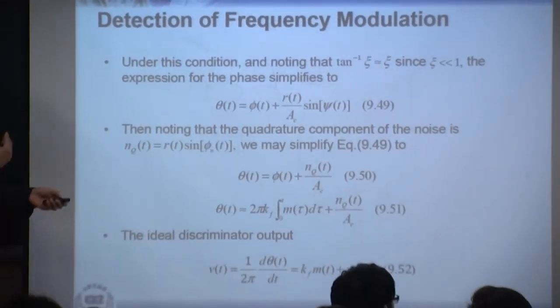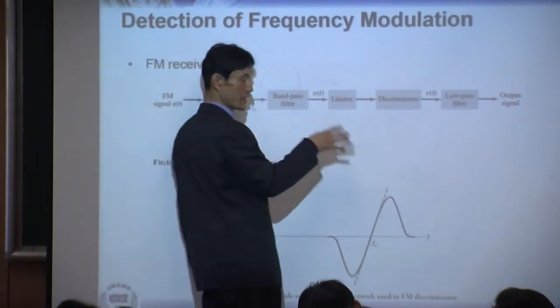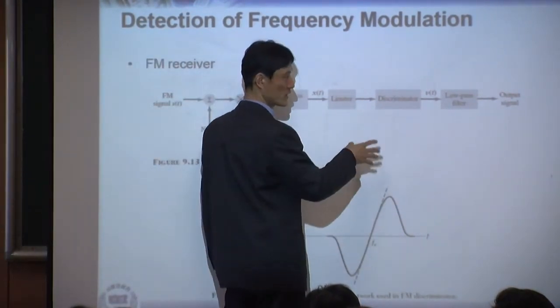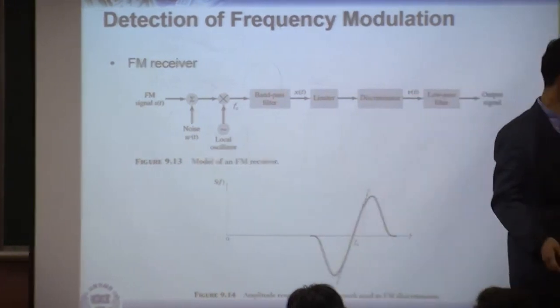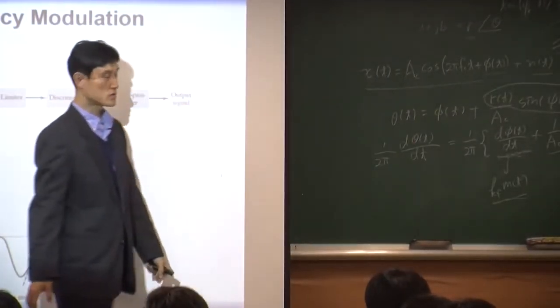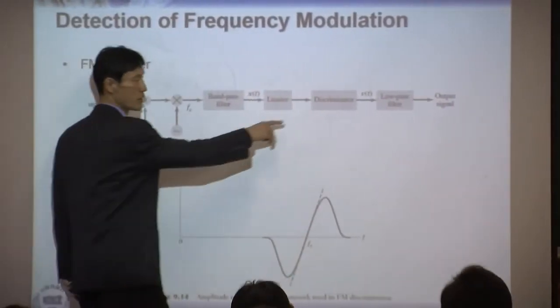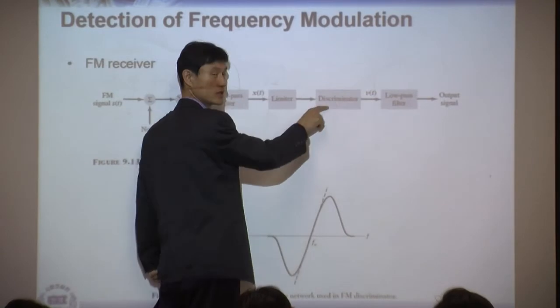But let's go back a little bit. I'll tell you what that means. Right now we are taking the time derivative like this. So in the block diagram, we are actually going through the discriminator.